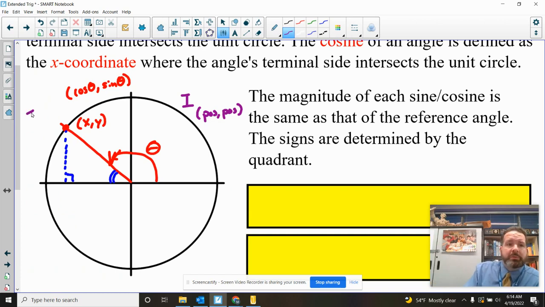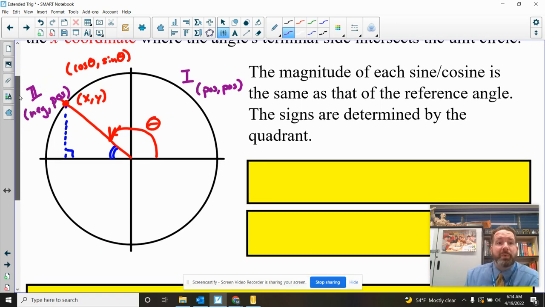In quadrant 2, well, over here, the x's are negative because we're to the left of the y-axis, and the y's rather are positive because we're above the x-axis. So in quadrant 2, your cosines are going to be negative numbers, but your sines are going to be positive numbers.